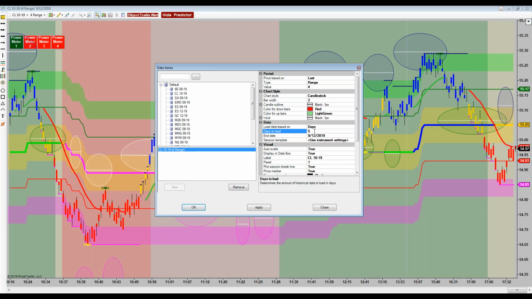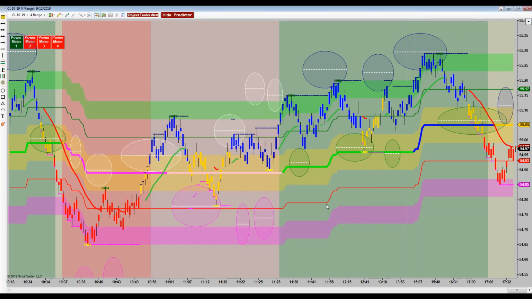It's going to take forever, and it might lock your computer up. Keep that to like 2, 3, 4, 5 days, under 10 if you can, and that'll make the loading time a lot better for you. I'd recommend 5. I usually do a 5, unless I want to look a little further back, like 2 weeks. You can go back 10 or 14 if you want, but 5 is normally very good.